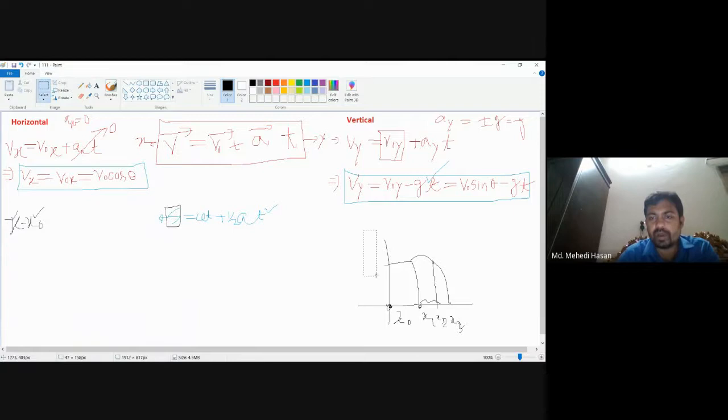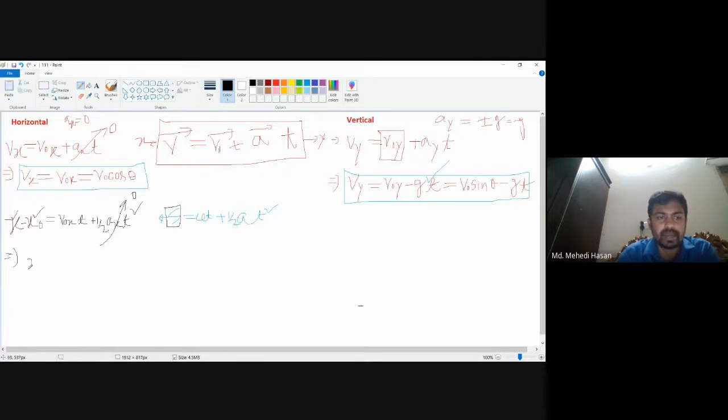So x minus x naught is basically s equal to v naught x t plus half ax t square. So this is the x component of this equation, and we can say that this part is 0 because ax is 0. Then x minus x naught is equal to v naught x t, or you can say v naught cos theta into t.